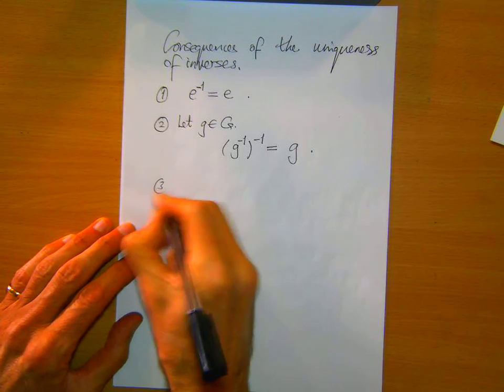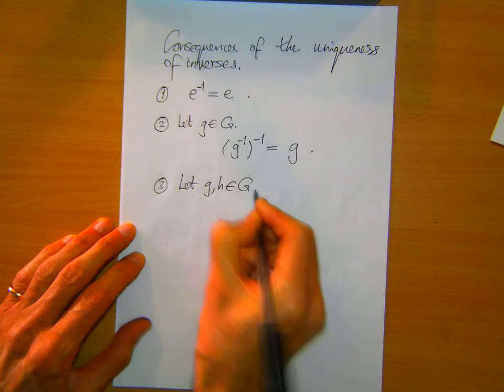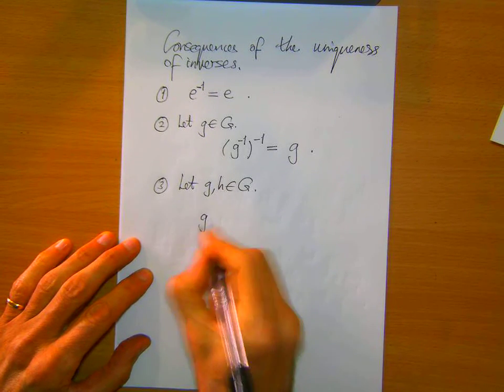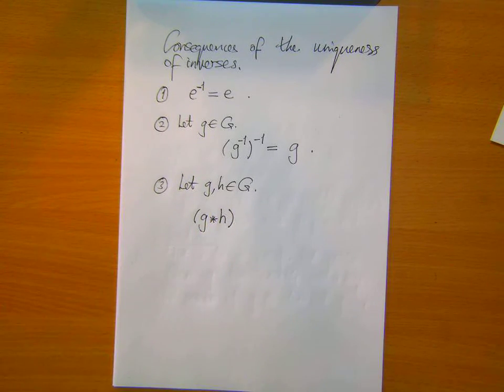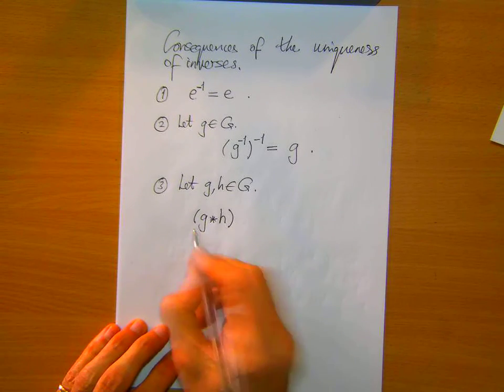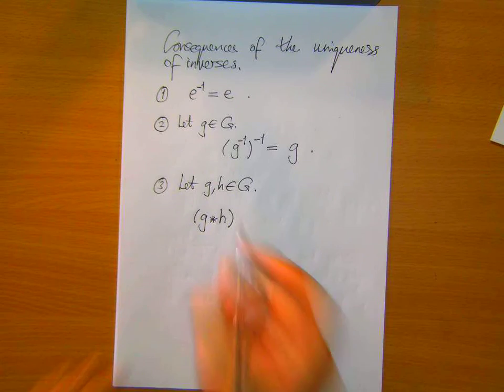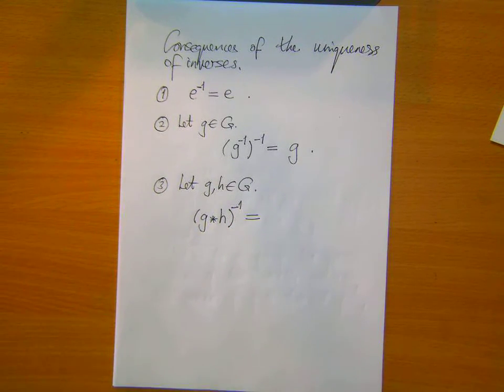And thirdly, suppose you've got two elements of the group, g and h. How does the inverse interact with the binary operation? Well, what does that mean? Well, I can multiply g and h together using the binary operation, and then g star h is an element of the group. So I can ask the question, what is the inverse of g star h?